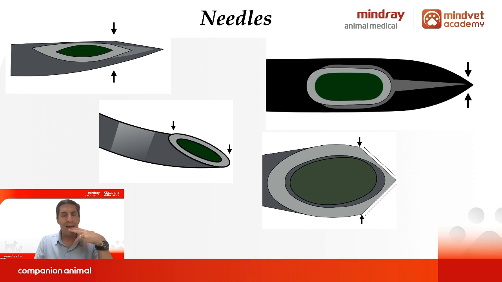So the needles we use in regional anesthesia, that means the ones that will interact with the nerves, have special bevels that do not prevent but reduce the probability of piercing not only the nerve but the vessels around the nerves.